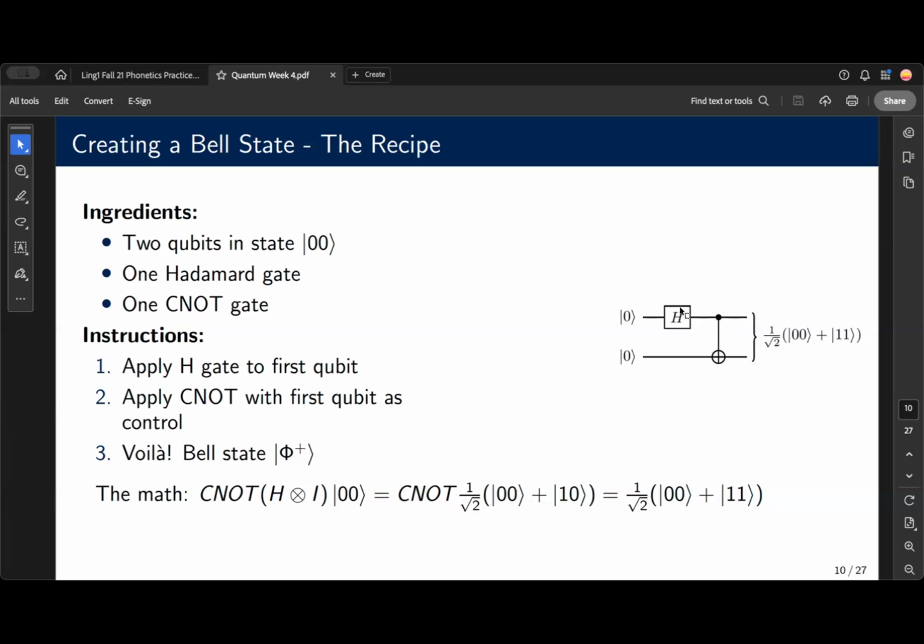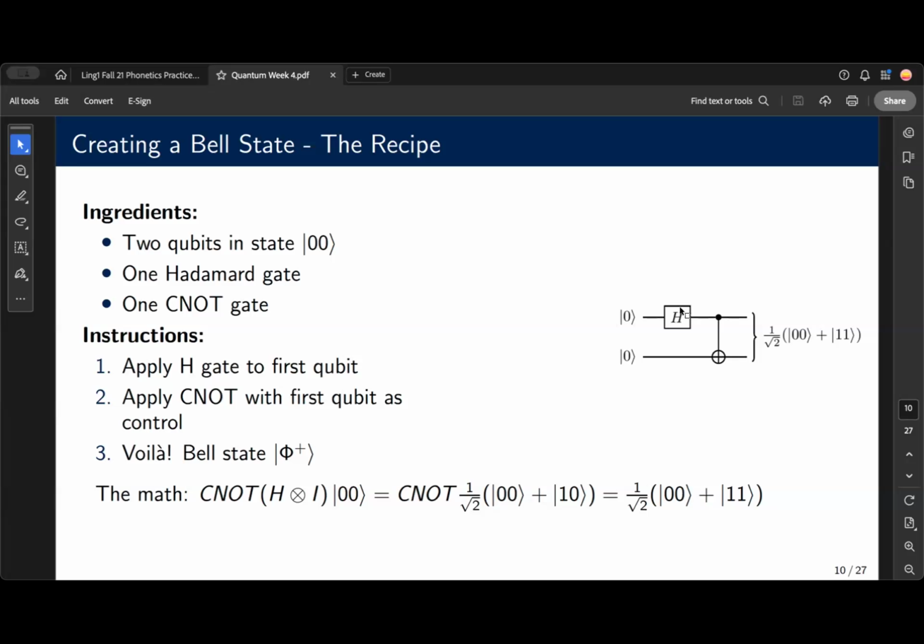So once you apply the Hadamard to the first qubit, we're gonna arrive at, just forget these 2 zeros, 1 over root 2, 0 plus 1. And this 0 is tensored outside. And then it just multiplies and it just gets attached to the state. So the intermediate state when you do this product is 1 over root 2, 0 0 plus 1 0.